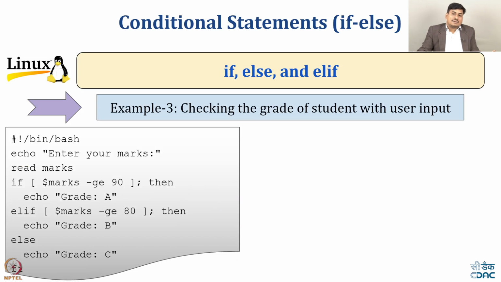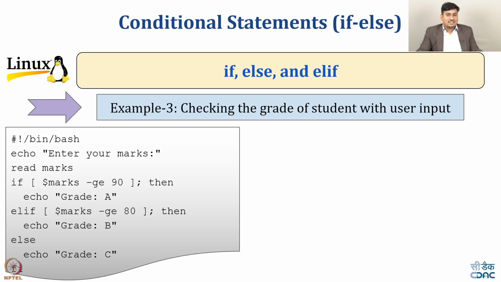So once again, we can make use of the earlier knowledge as well. If there is a scenario where there is a program and the user will pass some numbers, and on the basis of that number one wants to identify which category that particular number falls in.